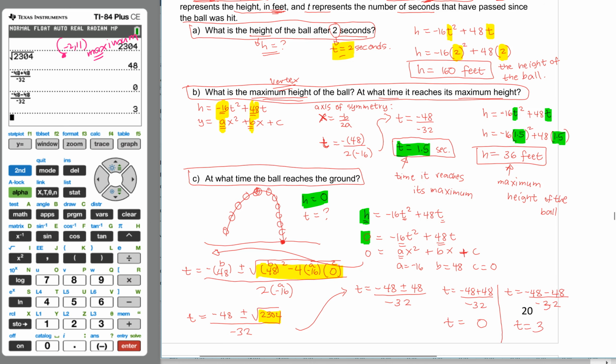Now let's analyze the results, because the question is at what time the ball reaches the ground. You have two possible answers here, but what is the meaning when t equals 0? This is where you started, and this other one is where it reaches the ground.